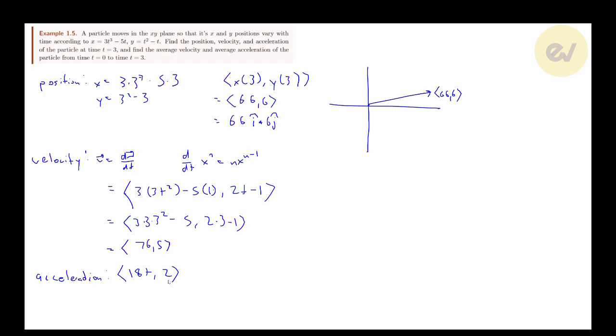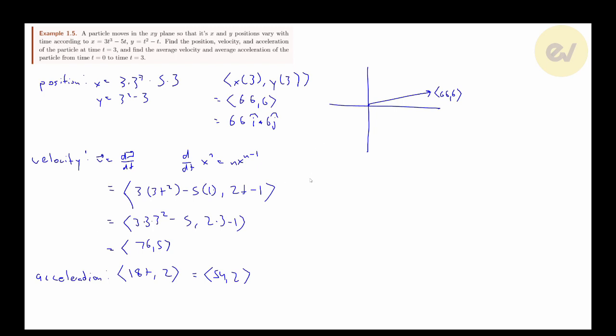Now, if we plug in t equals 3 here, we get that this is equal to 54, comma 2. And yes, this is the acceleration at t equals 3.